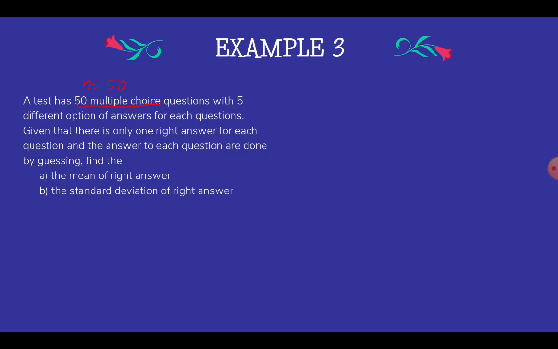Find the standard deviation of right answers. We know that we have 5 choices for each question and only 1 is right, so the probability of getting it right is 1/5.